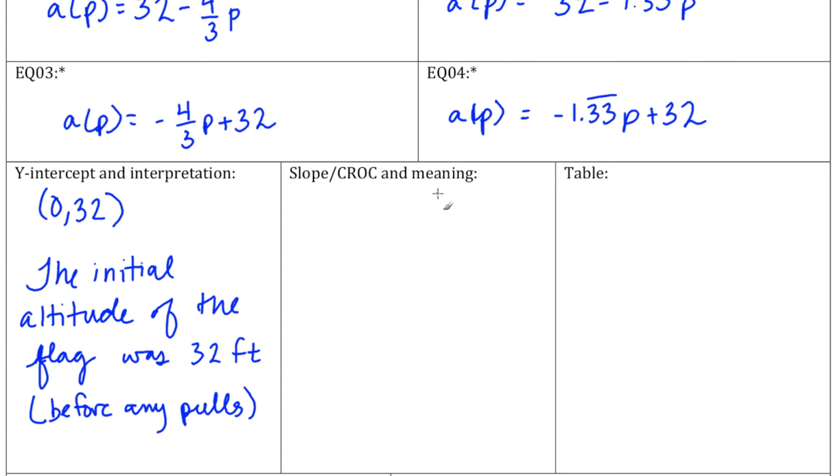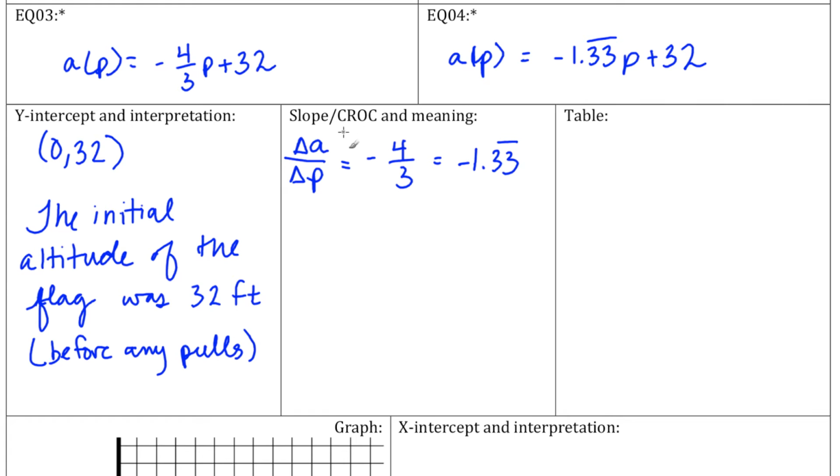Okay, so our constant rate of change, we know that this is the fraction or the decimal that is attached to the independent variable. So it's the coefficient with the independent variable. So we will say that's the change in altitude according to the change in pulls, which is negative 4 over 3, which is negative 1.33 repeating.